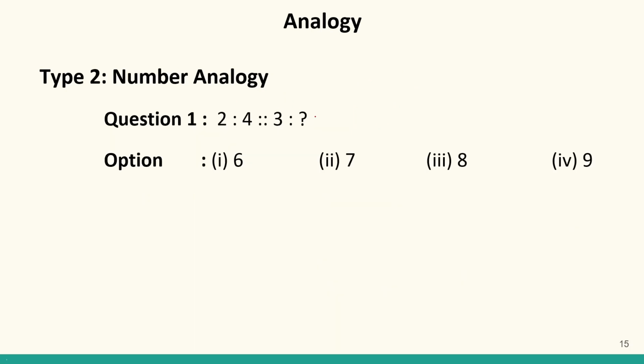The next type is number analogy, in which we deal with numbers. Basically there are two pairs again. This is the first pair and this is the second pair. Step 1 is to identify the relationship between the first pair and then use the same relationship to identify the missing element in the second pair.